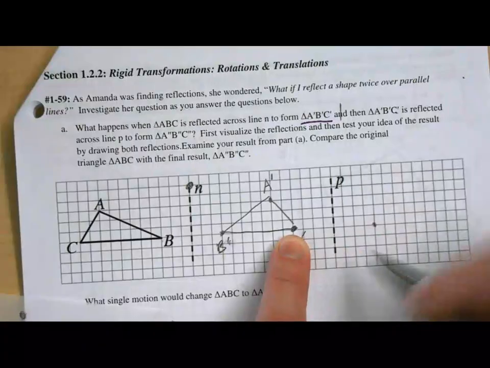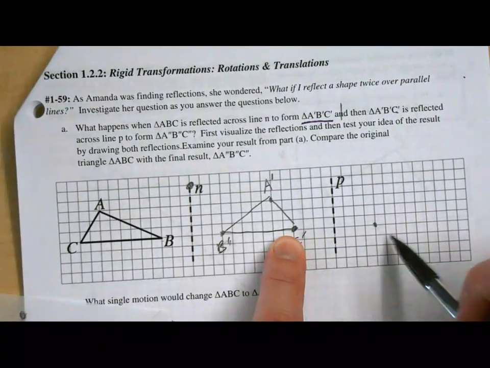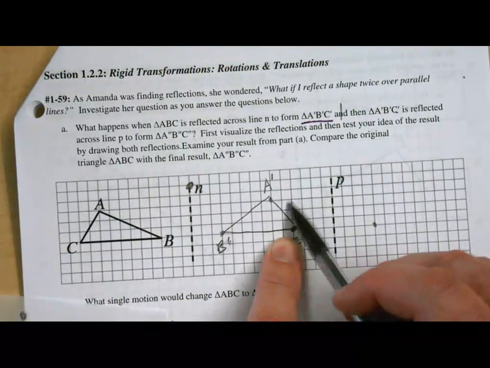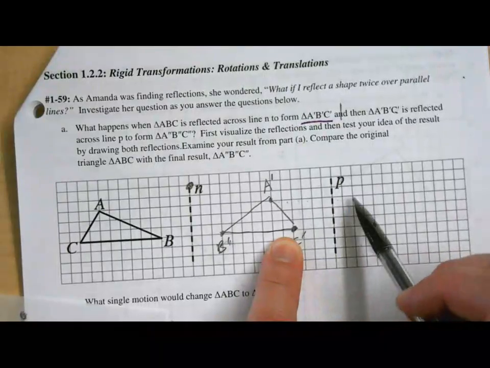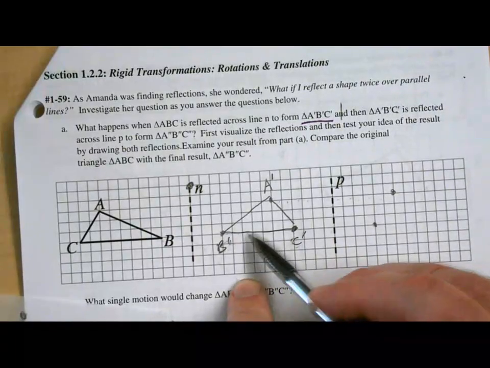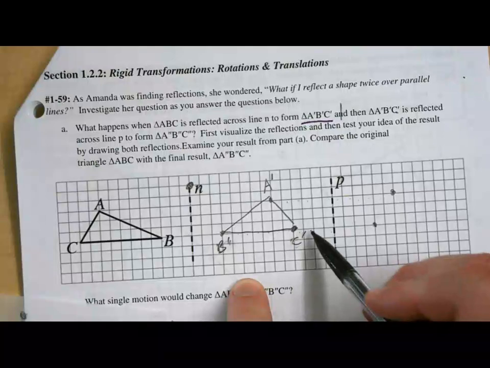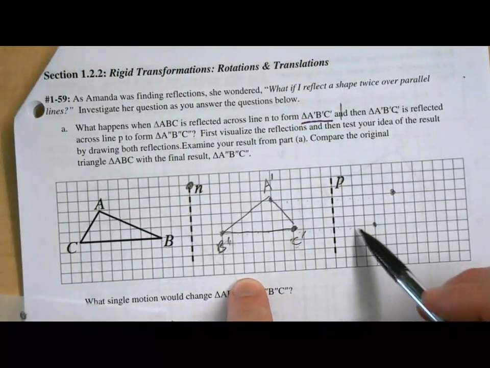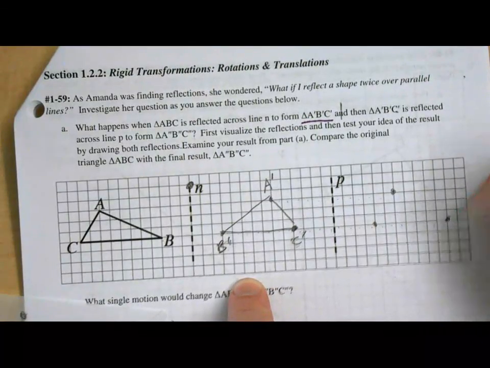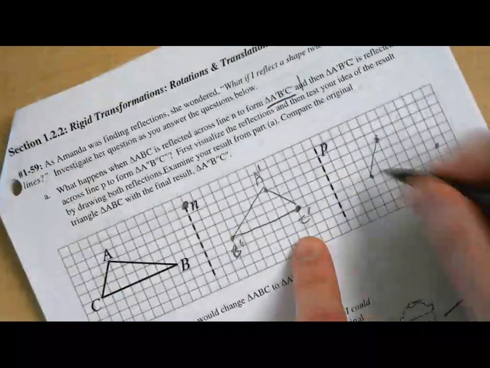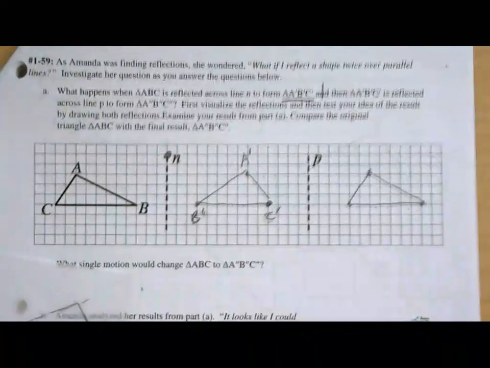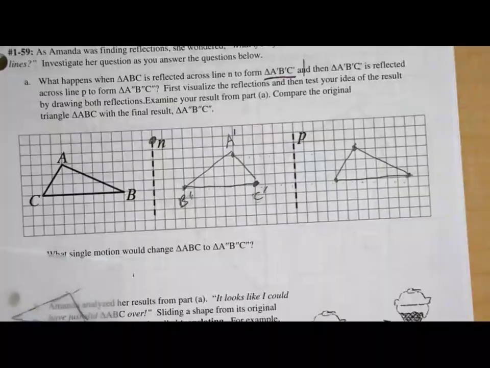Some of you have figured out that you can just count how far it is away from the line and then go on the other side by the same amount. 1, 2, 3, 4, 5, 6. 1, 2, 3, 4, 5, 6, 7, 8, 9, 10, 11. I think I pulled it off. I think I did it right.